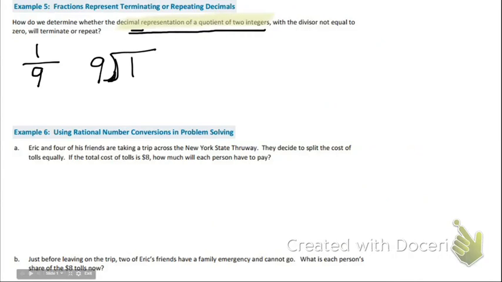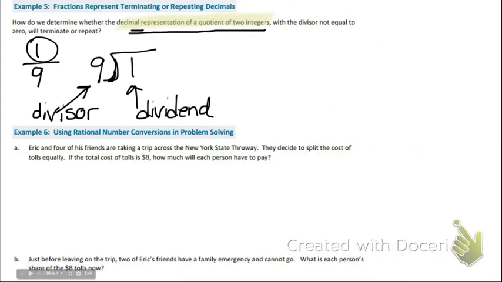Okay, so here is our quotient of two integers. What we're doing, and again, we've talked about this before, is this is our divisor. That's what we are breaking this thing up into, or dividing by. This is our dividend, which correlates to the numerator of our fraction.